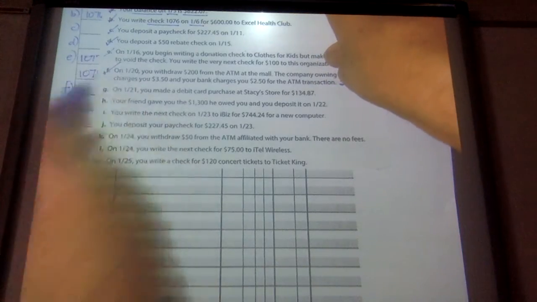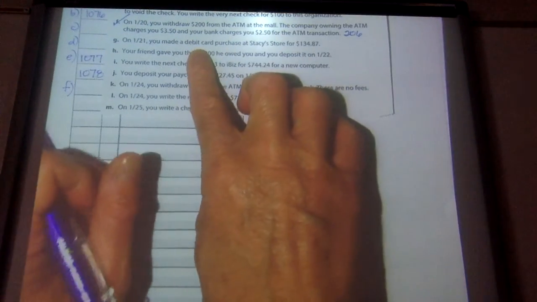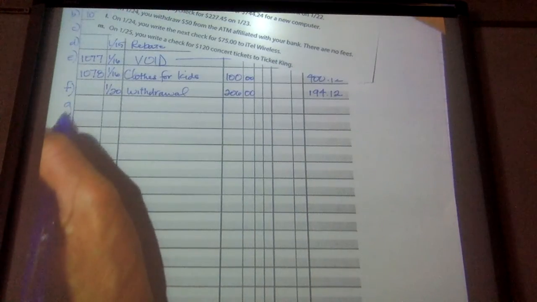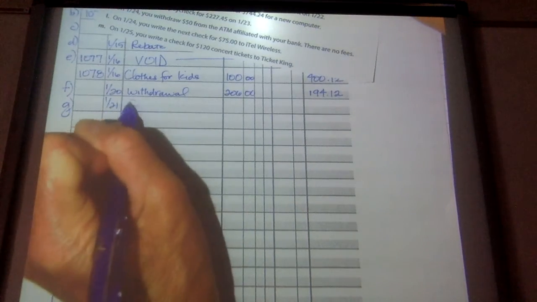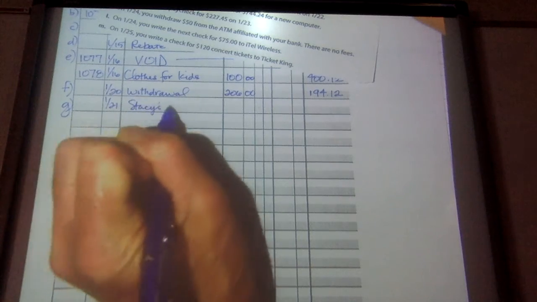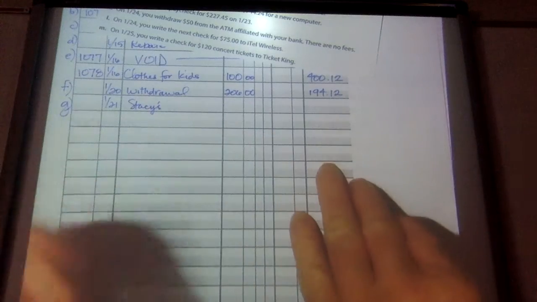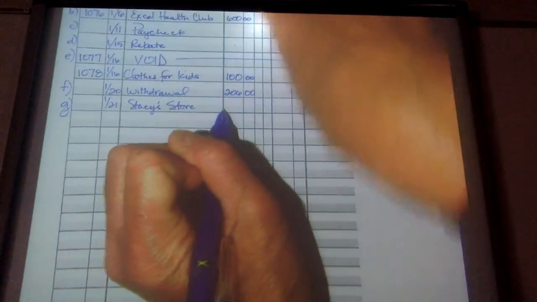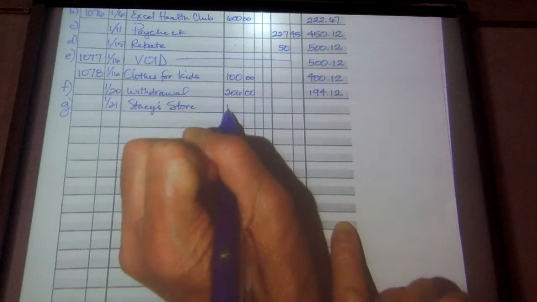That's part F. All right, part G, you made a debit card purchase at Stacy's store. So on January 21st at Stacy's, I wonder if they tried to rhyme with Macy's, maybe not, Stacy's store. I made a purchase, so it's going to go under the subtraction column for $134.87.